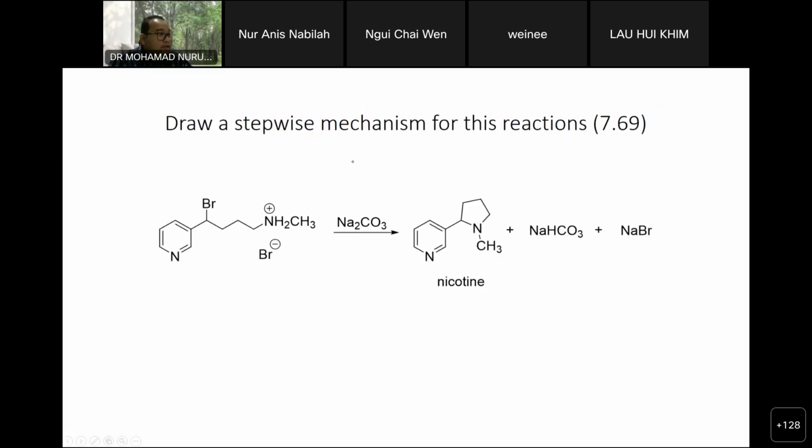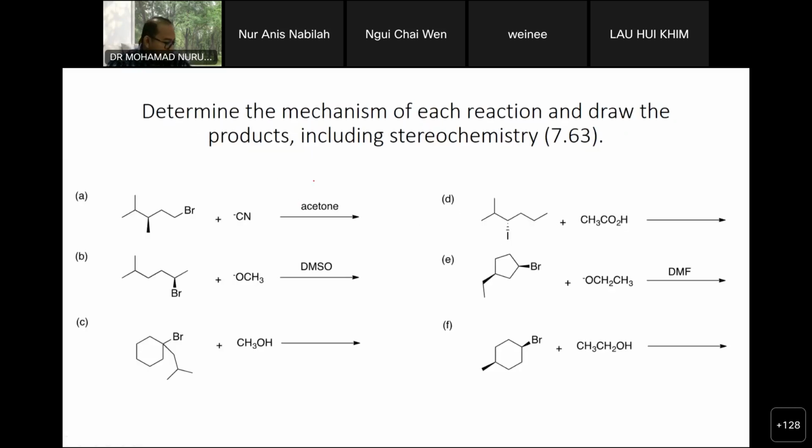Make sure you really understand SN1 and SN2, because after this we will jump to E1 and E2, and it's quite tricky because in the next chapter we will combine elimination and substitution, and how we can determine whether a reaction favors SN1, SN2, E1 or E2.